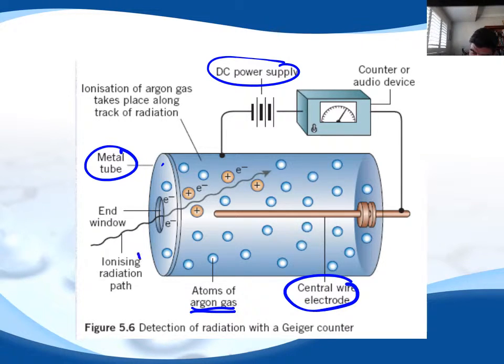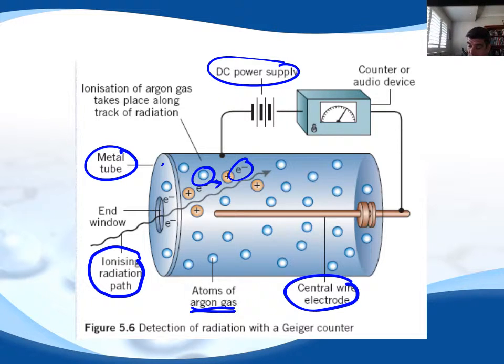As the radiation enters the little window, it can ionize the gases. So each of these individual argons will become an ion, a cation, and release an electron.